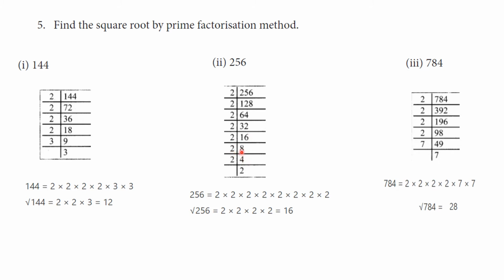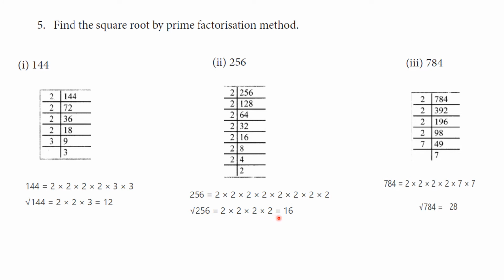So you write all the factors here and from each pair you take one number only. Totally 8 twos are there, so you take 4 twos, that is 2 into 2 into 2 into 2.